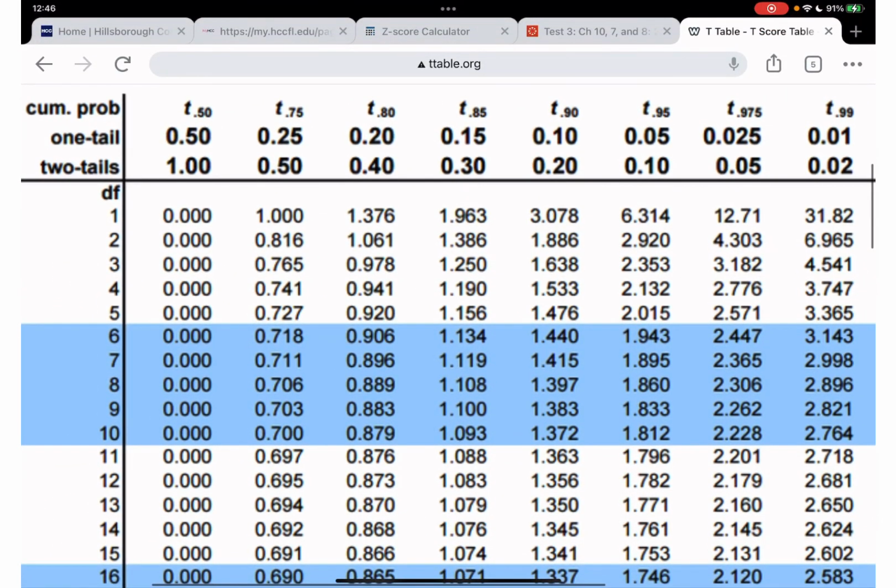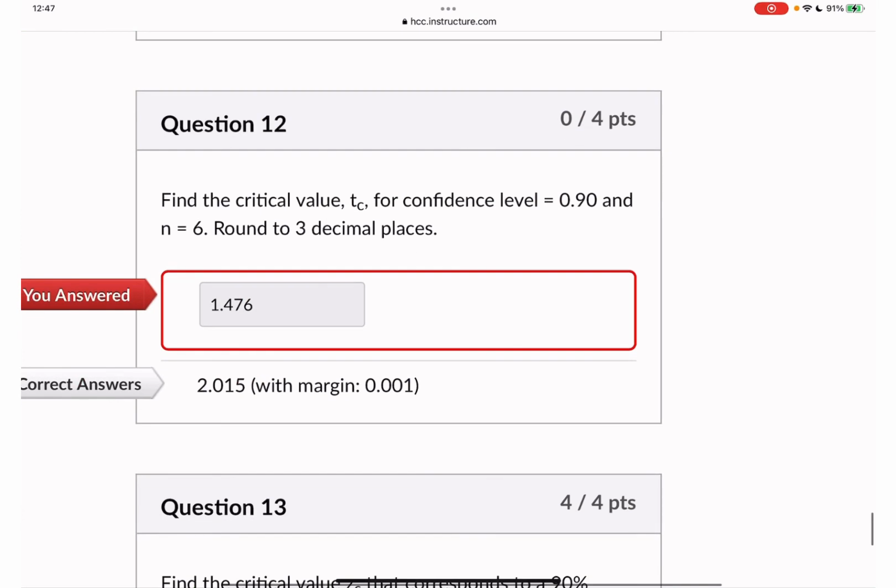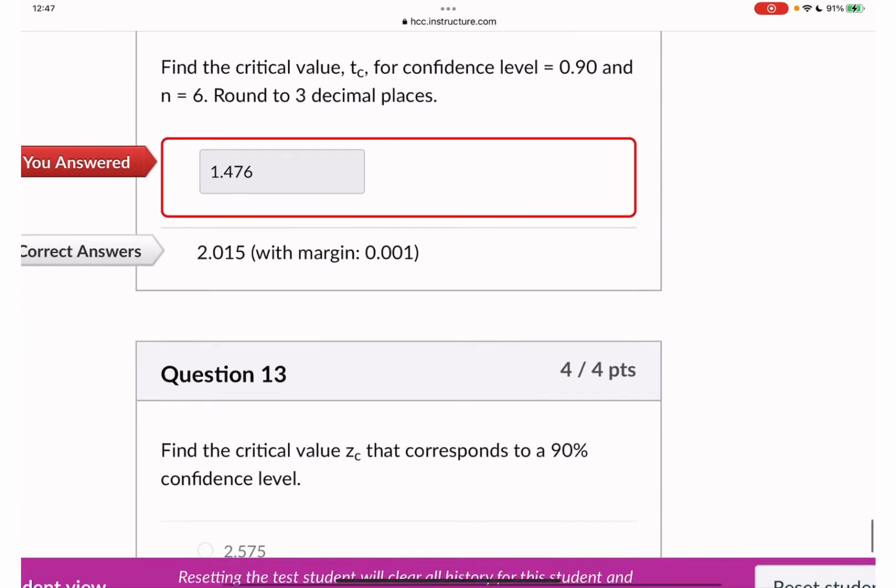When it doesn't mention how many tails, you use 2 tails, which means 0.10 is for 2 tails, and I took it as 1 tail, so I have to divide by 2 and get 0.05. With degree of freedom 5 and 0.05, we are getting 2.015. So this is supposed to be 2.015. There we go, and its answer here is correct.